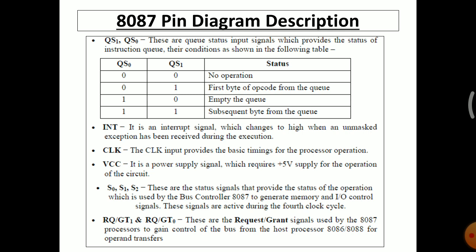All these pins mostly have a similar function as that of the 8086 microprocessor. So the 8087 can be considered as another processor.